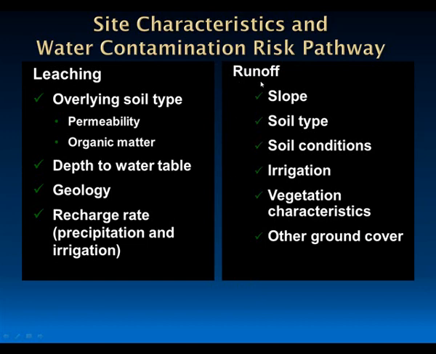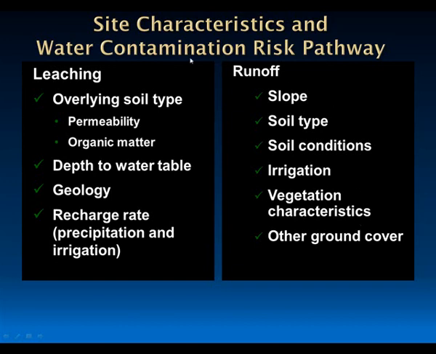For runoff, thinking about slope, soil type, less well-drained soils like clays are going to send water over the surface, conditions of the soil, their macropores, what's the rate of irrigation, what type of vegetation do you have, all of those things that we talked about in the sediment lecture, producing runoff.